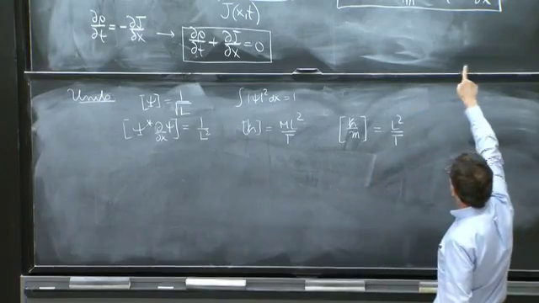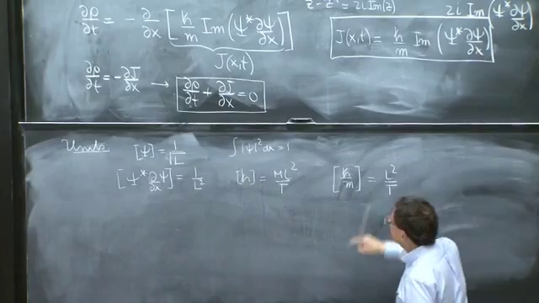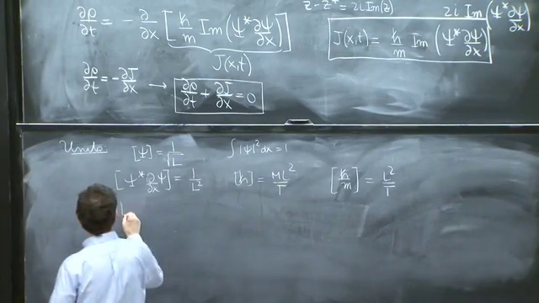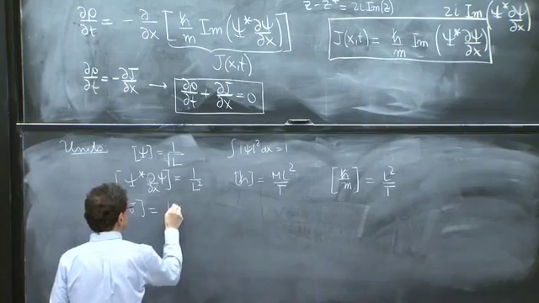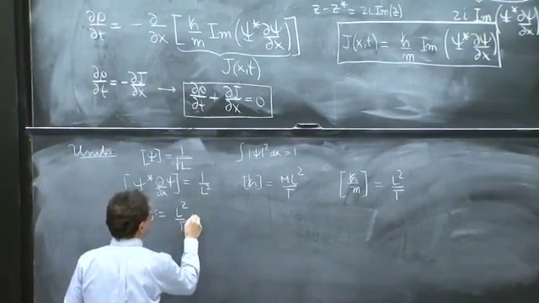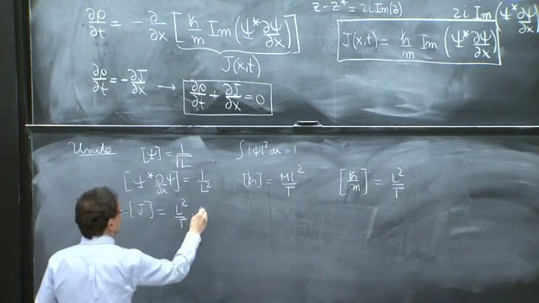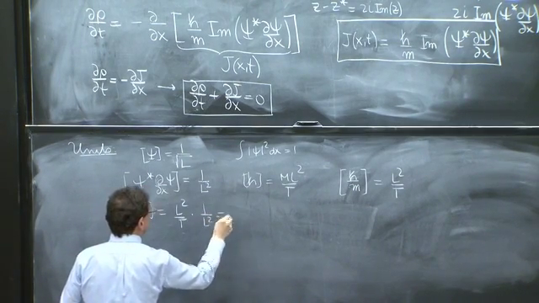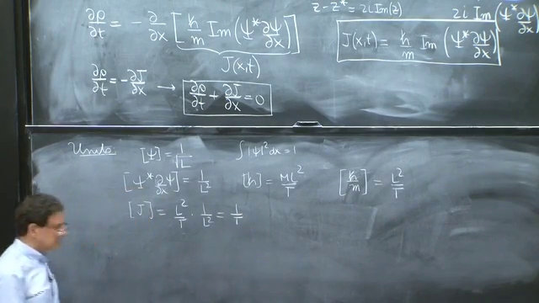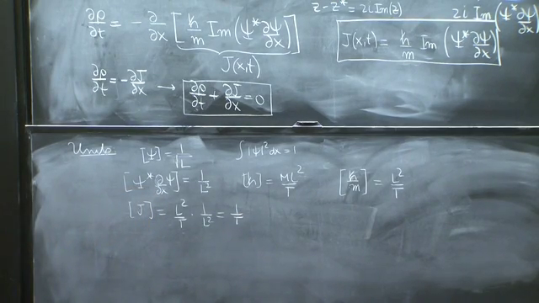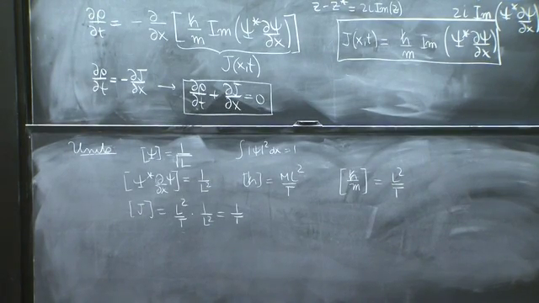So the units of current are the units of h bar over m, which is L squared over T, times units of this whole thing, which is 1 over L squared. So at the end, 1 over T. And this means just probability per unit time.